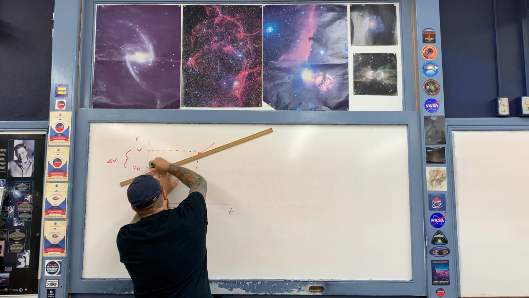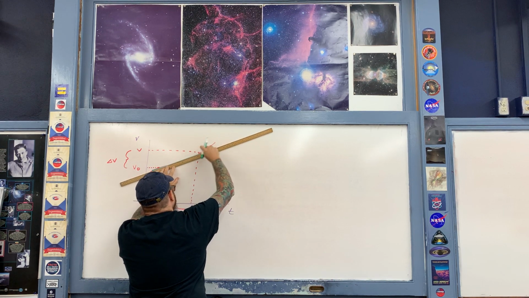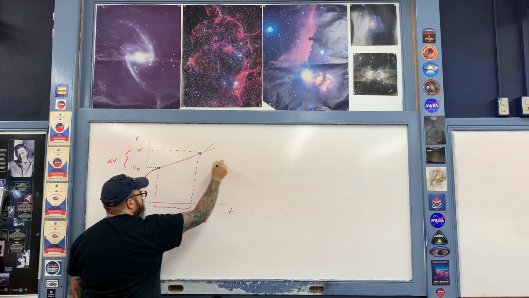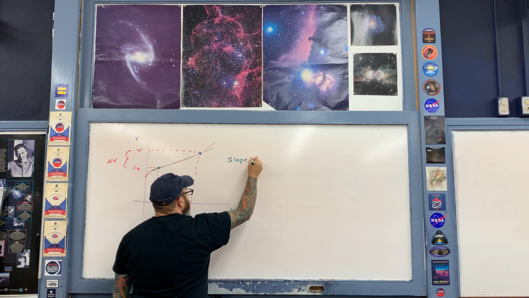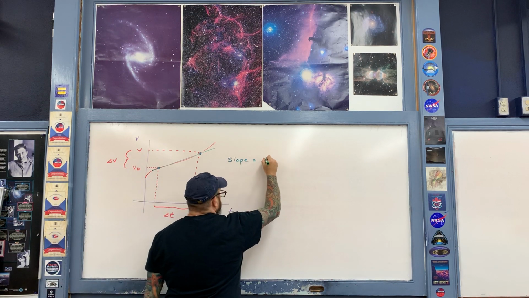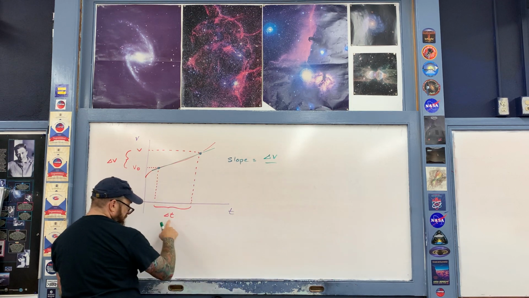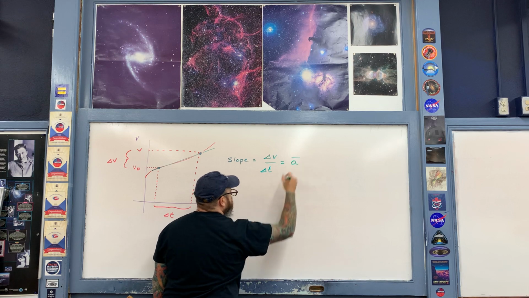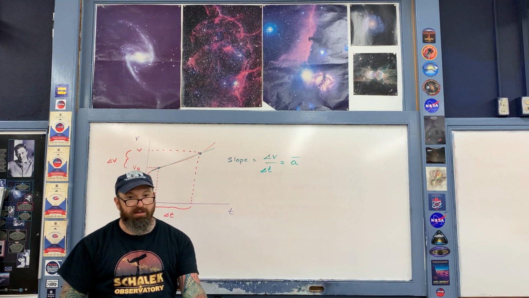All right, so connecting those 2 points like so. This green line here intersects the red curve here and here, and then we go ahead and calculate the slope as rise over run. The rise is the change in velocity delta v, and the run is the change in time delta t. Therefore, the slope of this line is equal to the average acceleration.